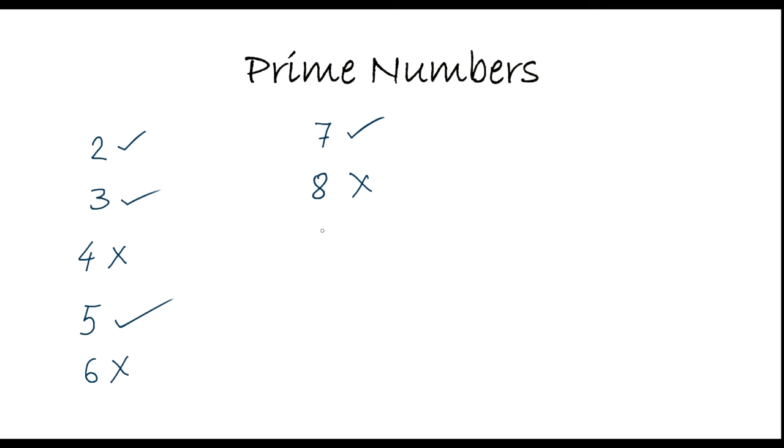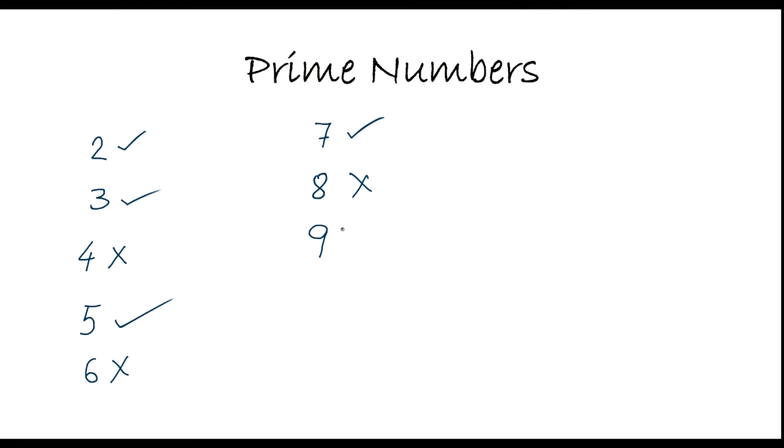But let's see. 9 is an odd number. Now let's try, is it a prime number or not? 9 can be divided by 1 and 9. But it also can be divided by 3.